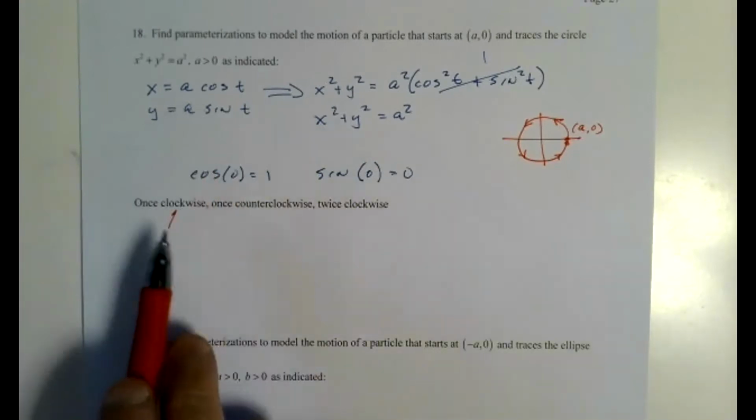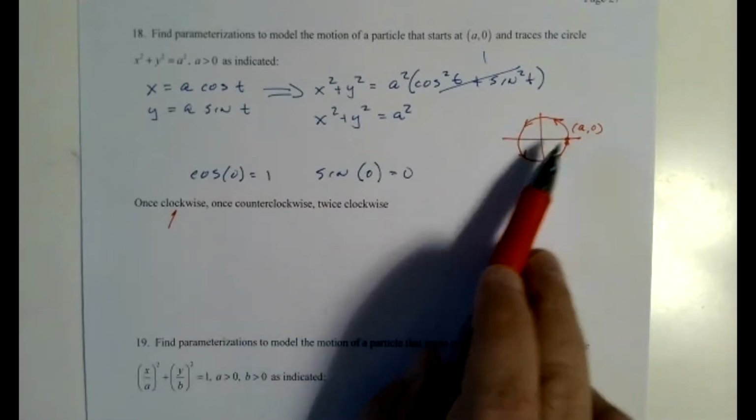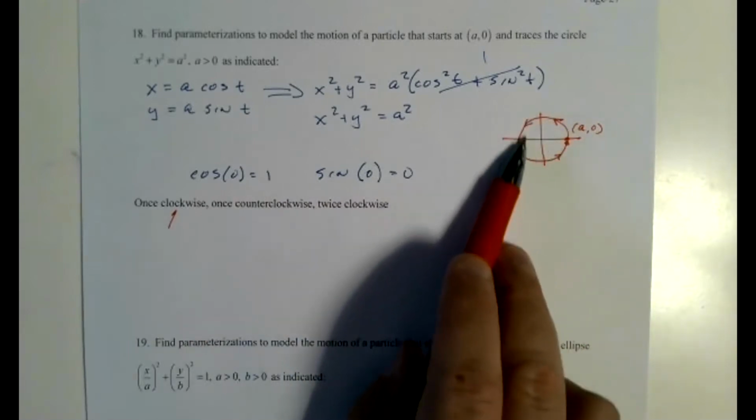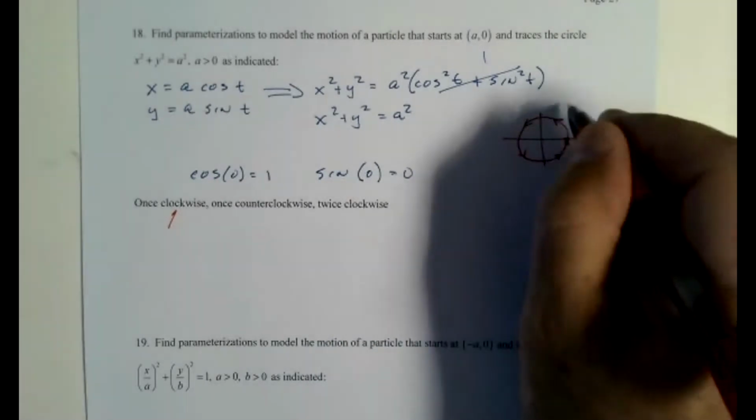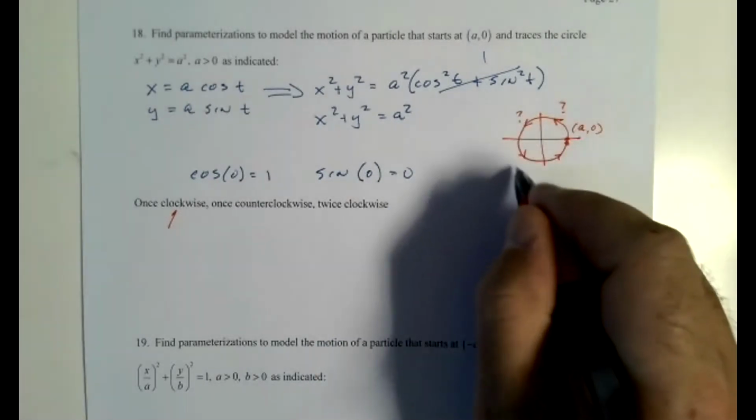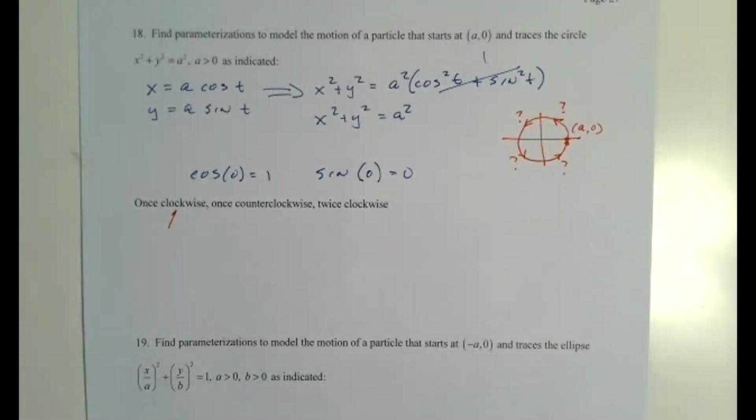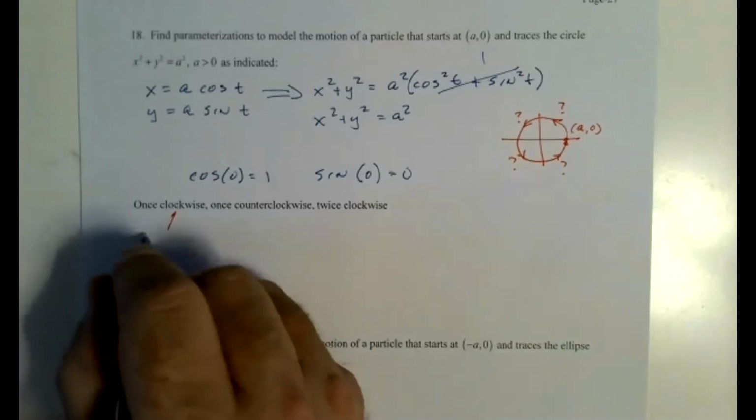Well, cosine was, we start at 0. I'm going clockwise. That's counterclockwise. So this is the wrong way. That's the typical way. Why did I put little ones here? No idea. So we want it to go the other way. So let's just slap a negative in front of the y.